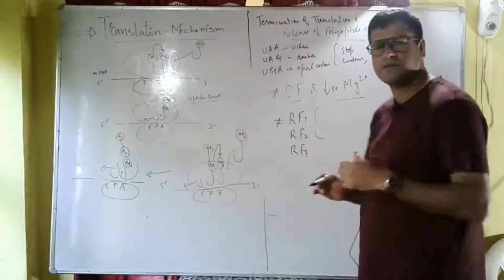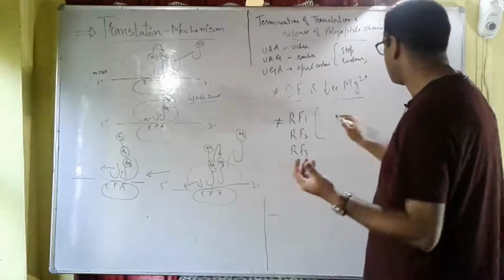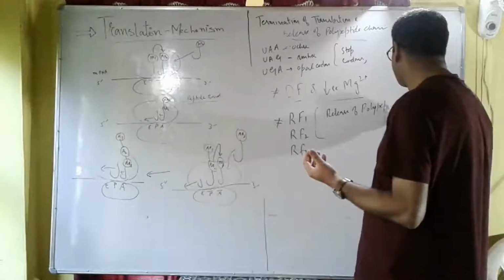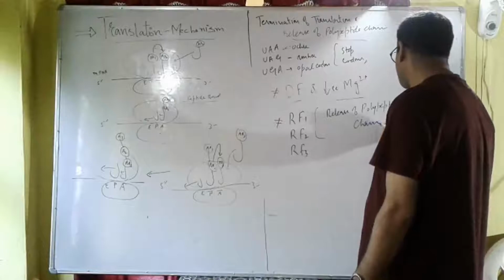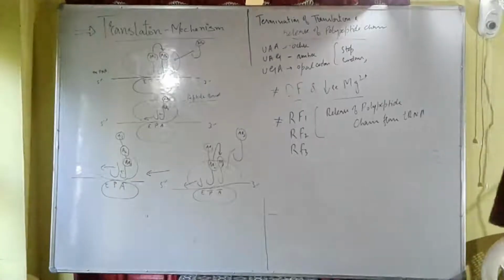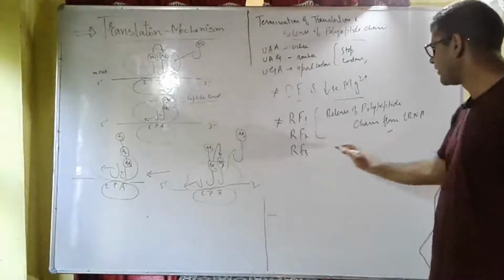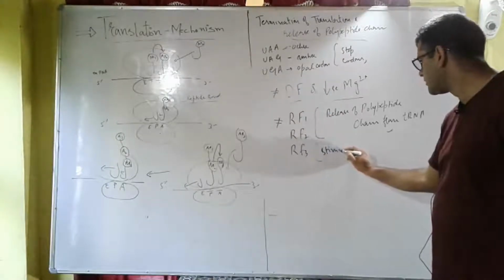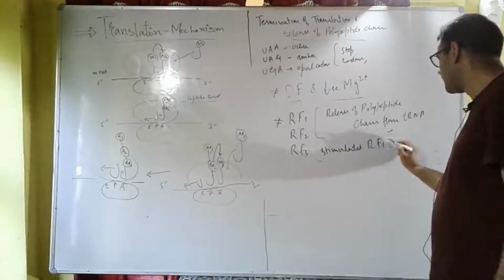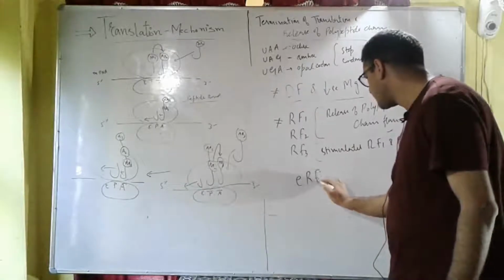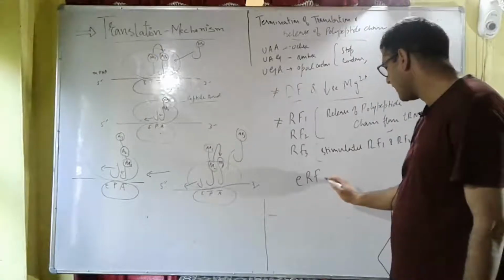Release factor 1 and release factor 2 catalyze the release of the polypeptide chain from the terminal tRNA, while release factor 3 stimulates release factor 1 and release factor 2.